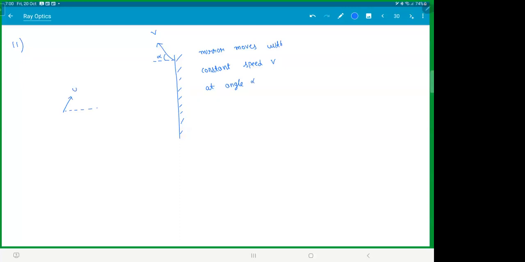Here you projected a particle with u and theta, projectile motion. Find the velocity of the image as a function of time t. The mirror is also moving. The object is also moving. Find the velocity of the image at time t with respect to ground.